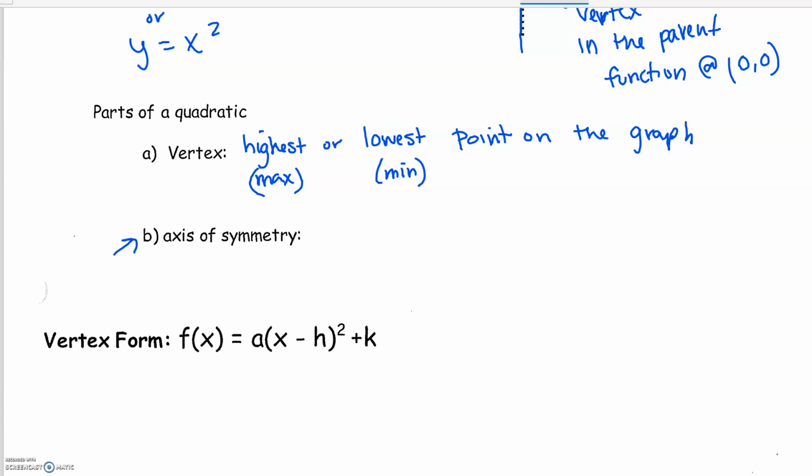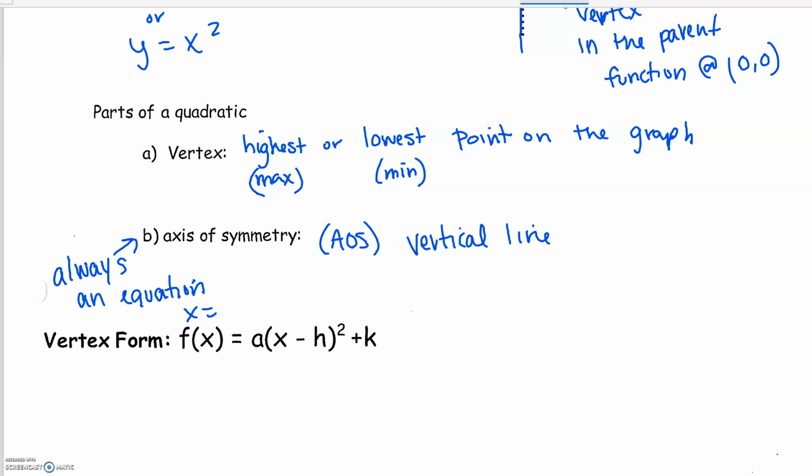The axis of symmetry is always an equation, x equals. This is the AOS. So it's a vertical line which passes through the vertex.